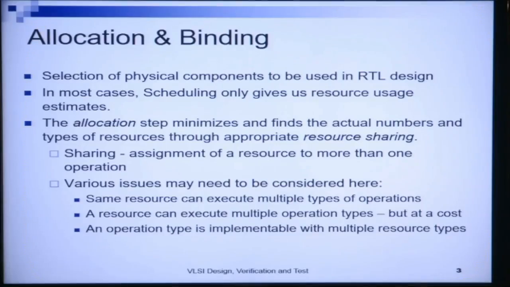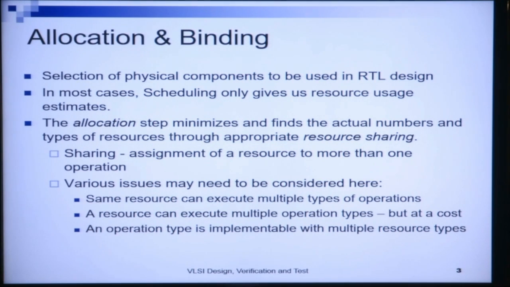Now, in most cases, scheduling gives us an estimate of the resource usage. So in latency constraint scheduling, time constraint and resource constraint scheduling that we had looked at, all these scheduling algorithms took an estimate of the resource usage, a bound on resource usage, a bound on latency, and provided us a schedule.